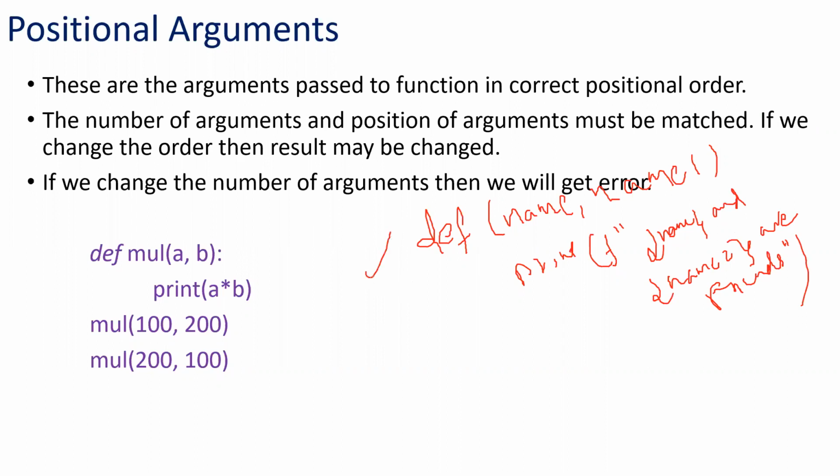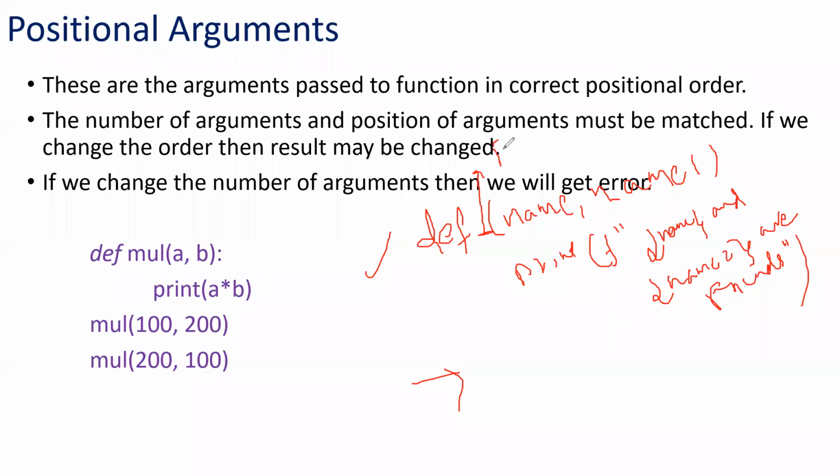Now I completed my function creation. Now I want to call it. Is there any error? Can you find that? Intentionally, I have made one mistake. What is the mistake? I did not write the function name here.